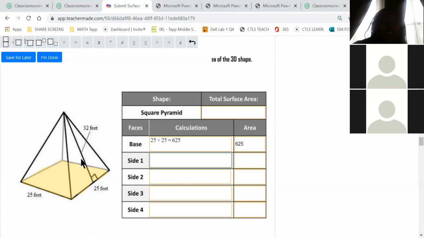Notice that this side, that's one of the faces, is a triangle. So that means base times height divided by 2. So I see, you know what, I'm going to go ahead and highlight this triangle. Just for fun, and it might be easier for some of you to see it once it's highlighted.